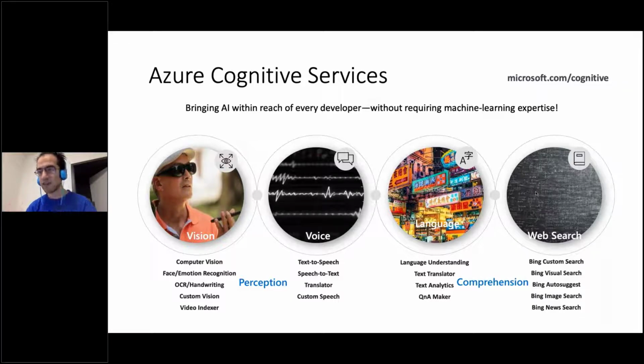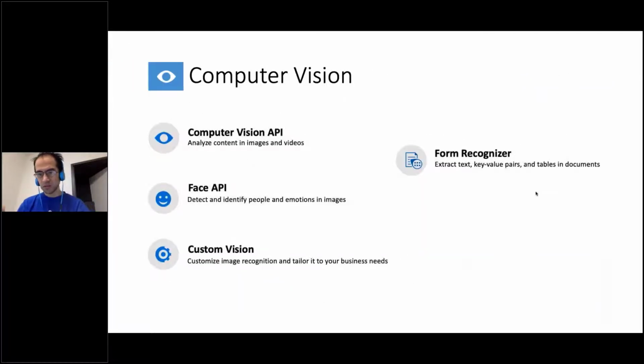There are several of these services. There are several categories. There is vision, there is voice, language, web search, and there is also decision, which is not included here, but there you can find anomaly detection, for instance, or personalizer, which is also one of the newest services. So today we are going to talk about the computer vision area.